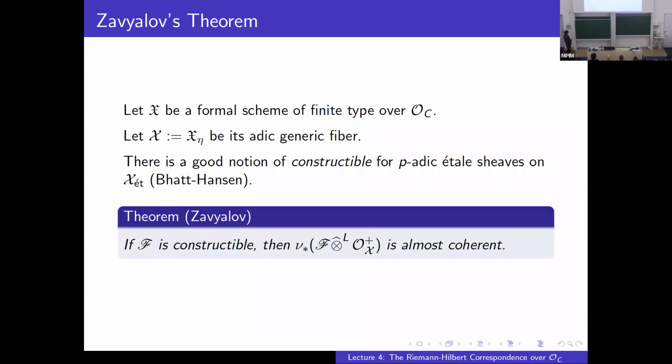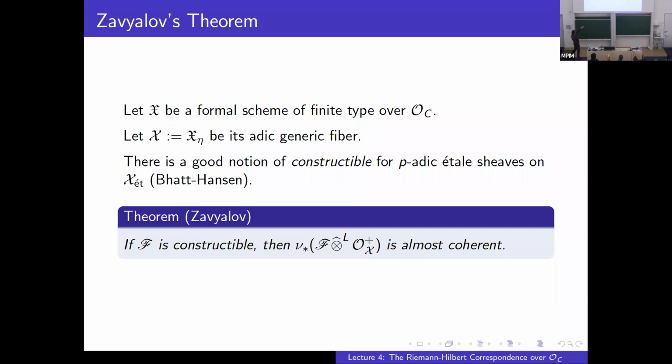And if F is constructible, you can tensor it with OX plus, and you can push it down along this nearby cycles map to get a sheaf on the formal scheme. And his theorem is that's an almost coherent sheaf. On local affines, it's described by modules which are almost finitely generated.